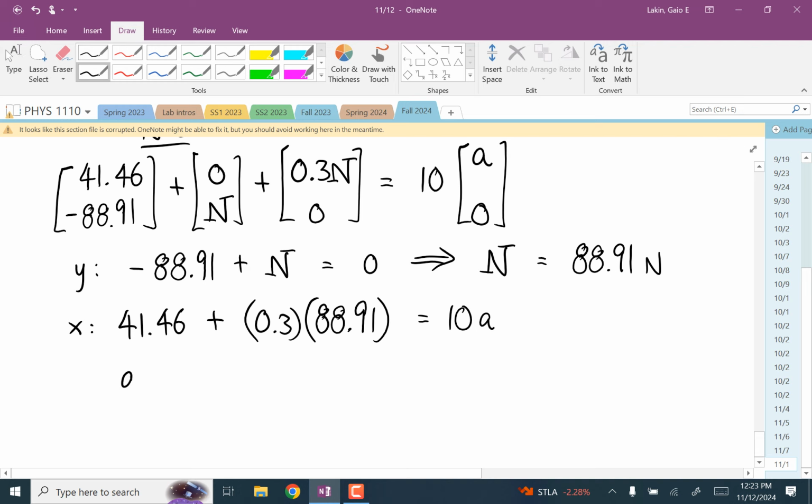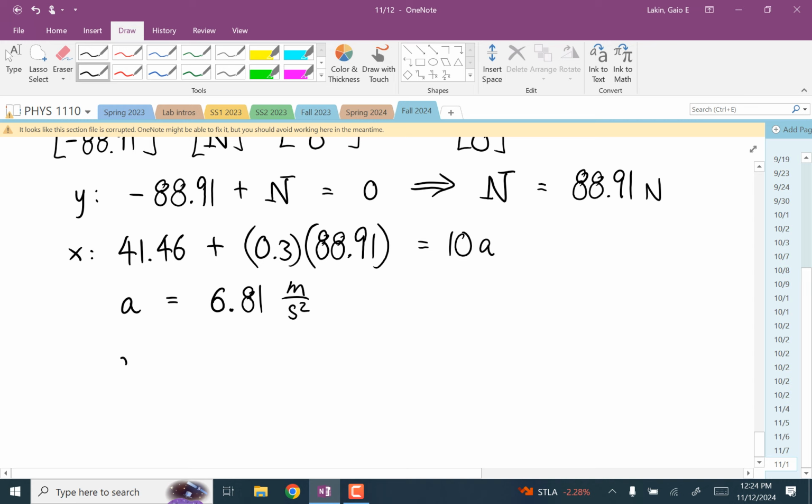And if you do this algebra, you get that a is equal to positive 6.81 meters per second squared.